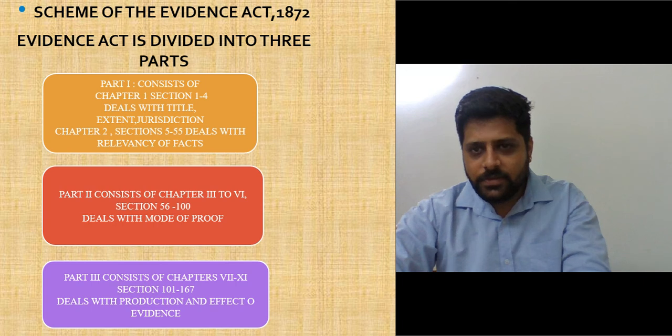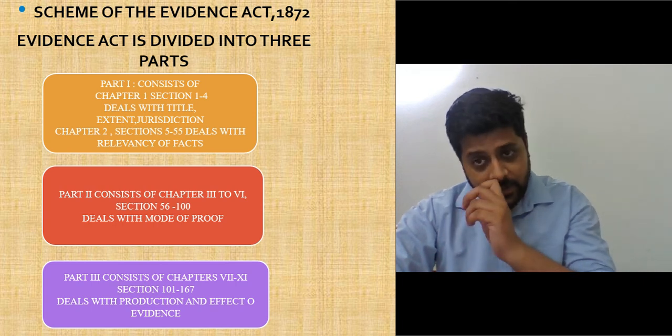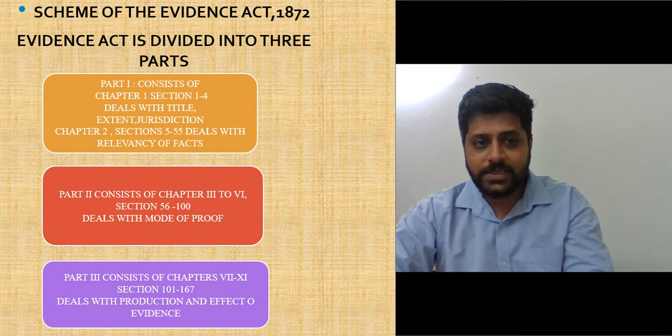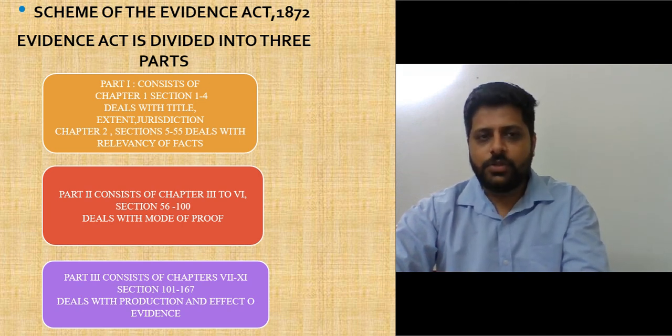The third part consists of chapter 7 to chapter 11, and consists of sections 101 to 167, and it deals with the production and effect of evidence.